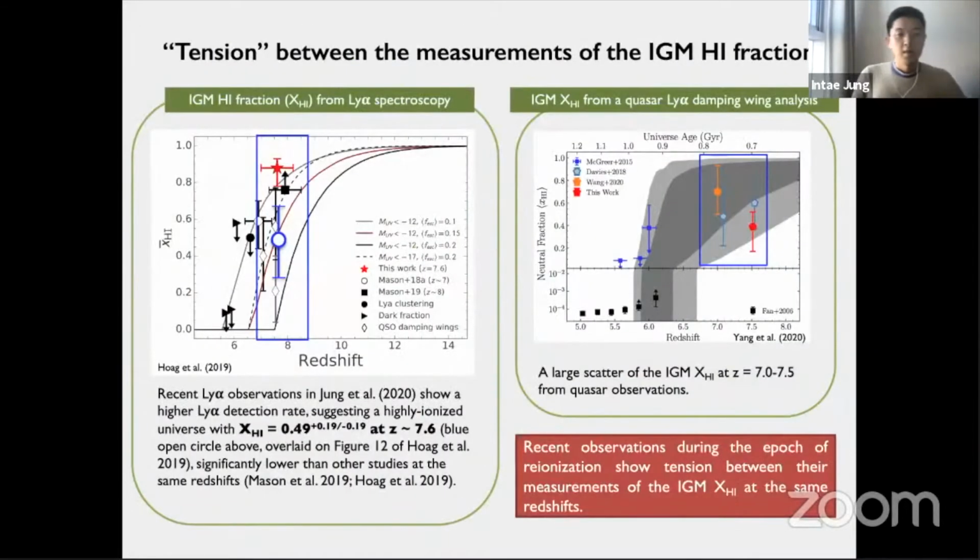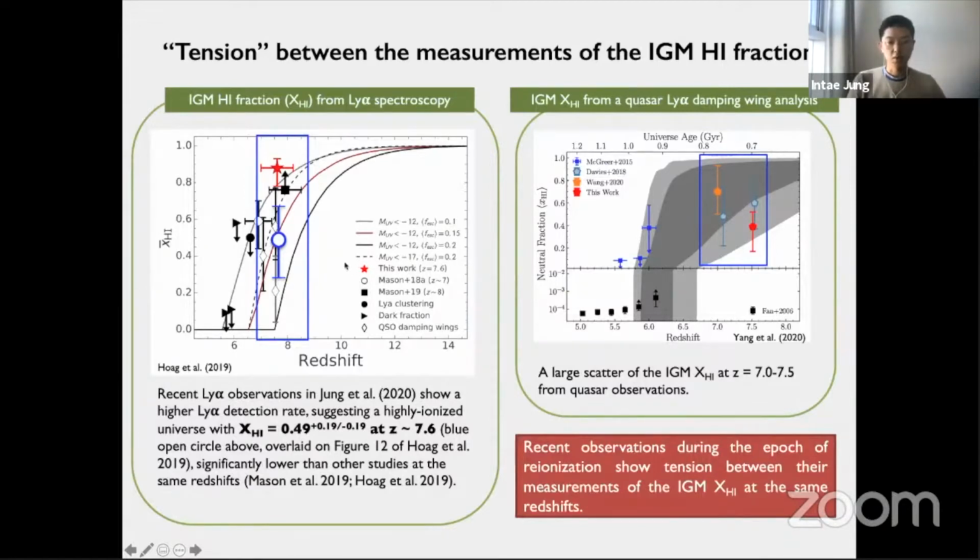However, recent Lyman-alpha studies suggest a very complicated picture of reionization. For example, on the left panel, I'm showing the neutral fraction measurements of the intergalactic medium from various works. Focusing here at redshifts 7 to 8, these Lyman-alpha studies, including the measurements from my recent publication, show disagreements between their measurements.